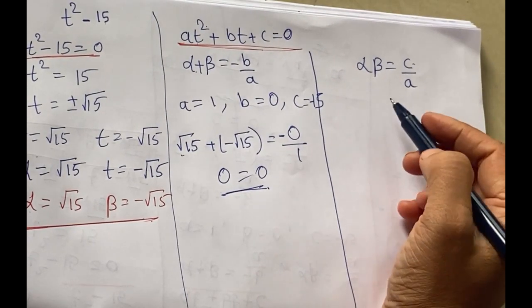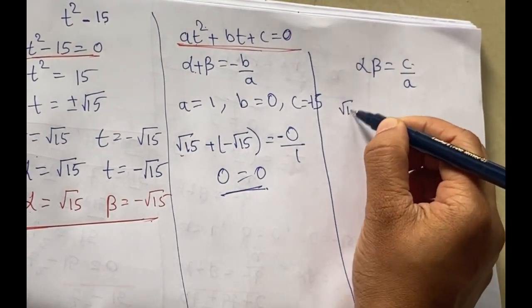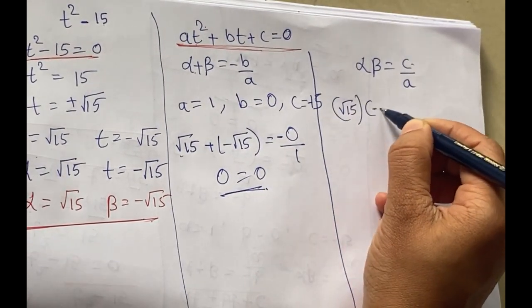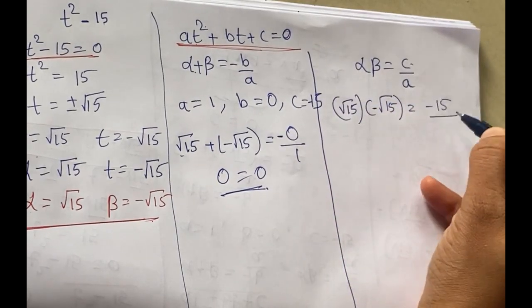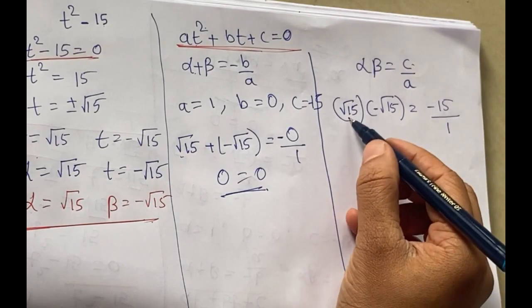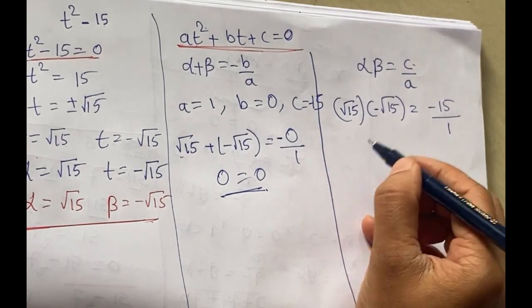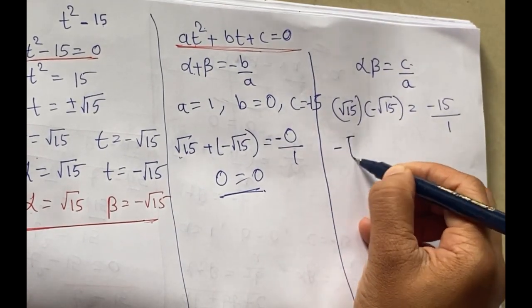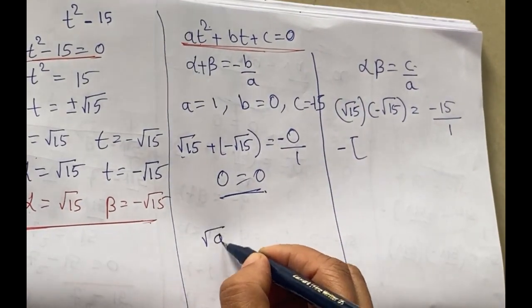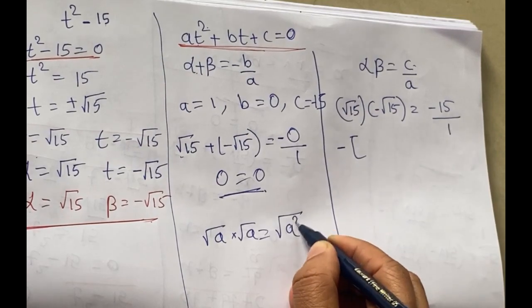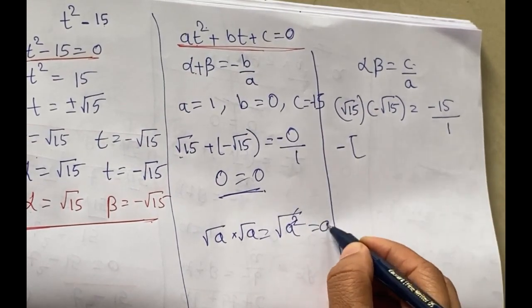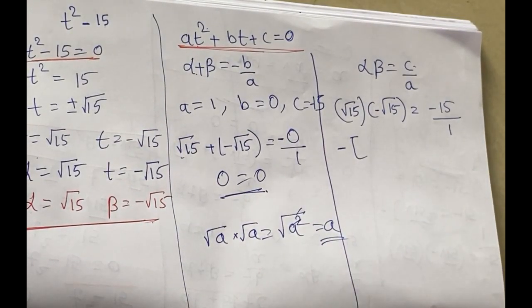Let us verify this one. Alpha beta is equal to c by a. Alpha is root 15. Beta is minus root 15. C is minus 15. A is 1. Root 15 into minus root 15, I will take the minus outside. If it is square root of a into square root of a, you can write square root of a square. Square root and square will get cancelled, so you can directly write a.